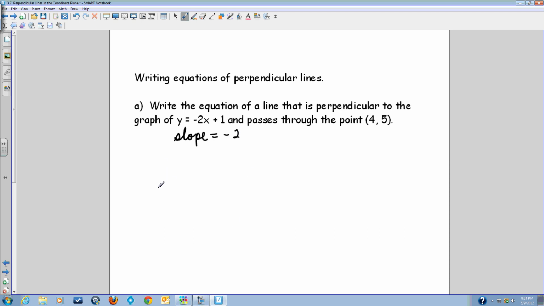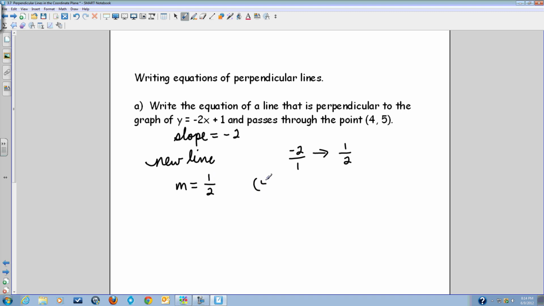We need to find the slope of a line perpendicular to it. So to find the slope of the new line, we have to take the negative reciprocal or the opposite reciprocal. Well, we can write this slope as -2/1. When we take the opposite or negative reciprocal, we flip that over, but we change the sign. So the new line has a slope, I'm going to call it m, of 1/2.